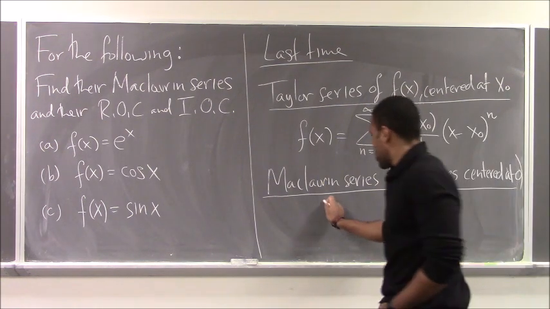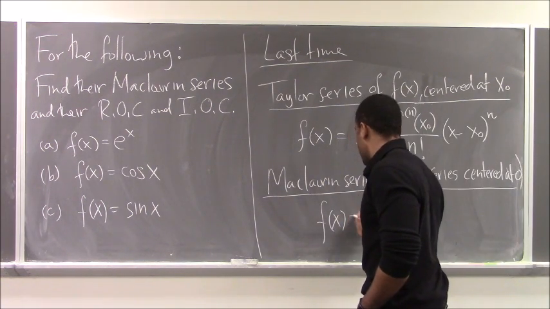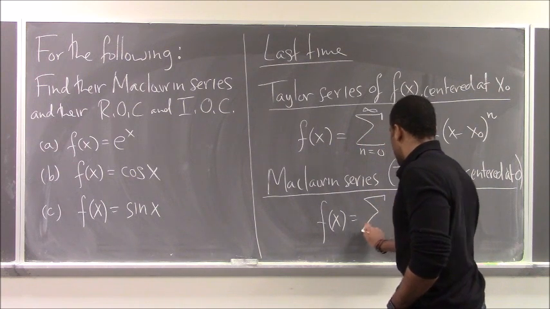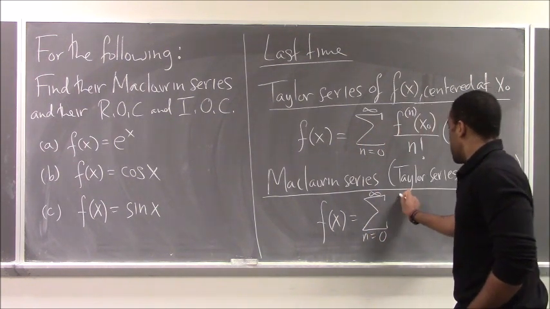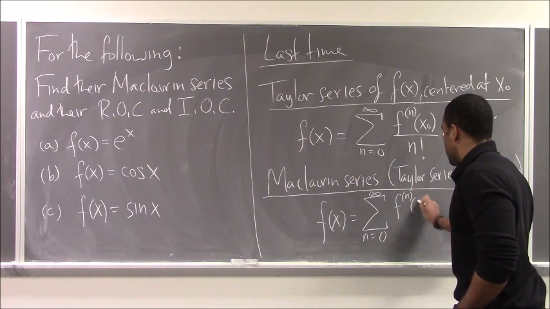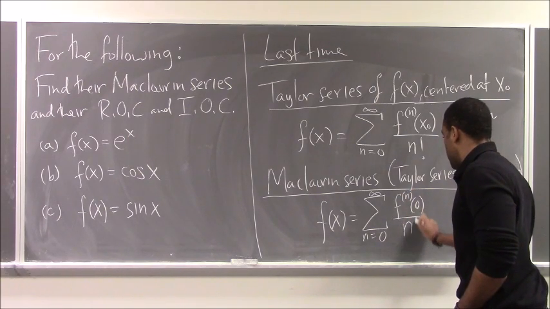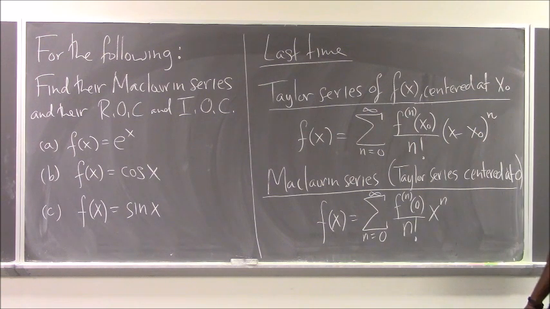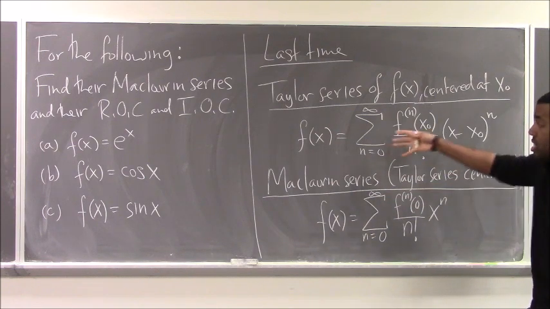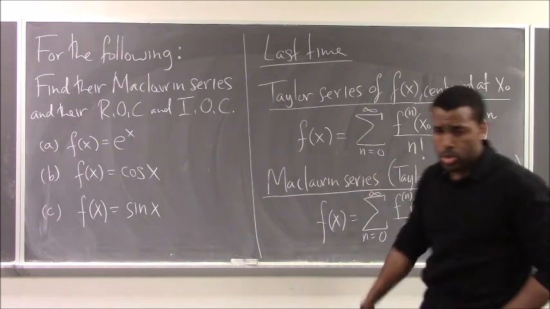So if I wanted to find a Maclaurin series for a function, I would write it as the sum as n goes from 0 to infinity of the nth derivative of f evaluated at 0, over n factorial, times x to the n. Both of these are ways to write a function as an infinite polynomial, which we spoke about last time.